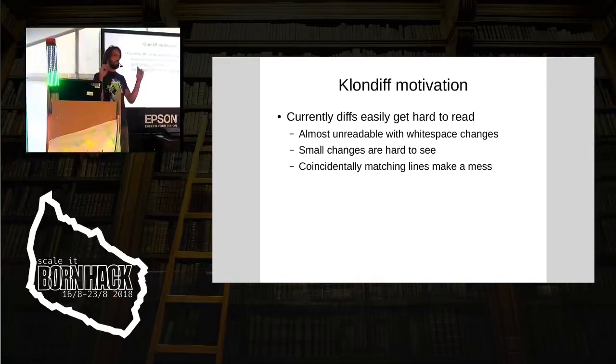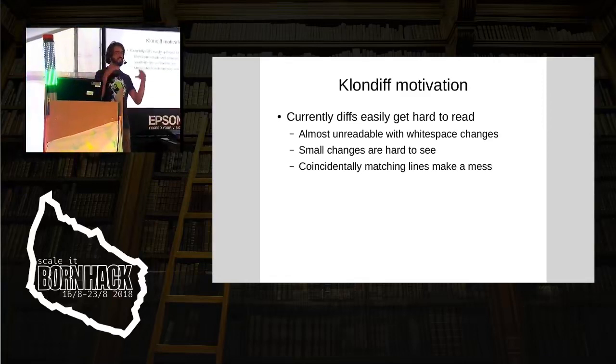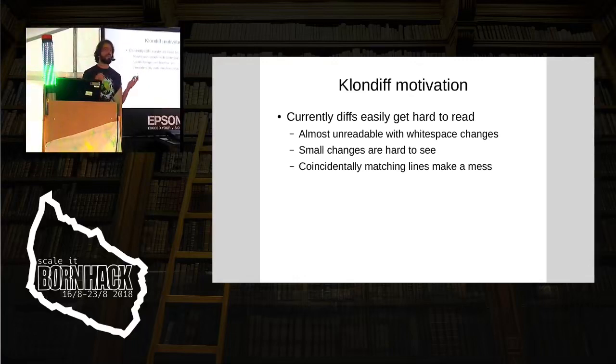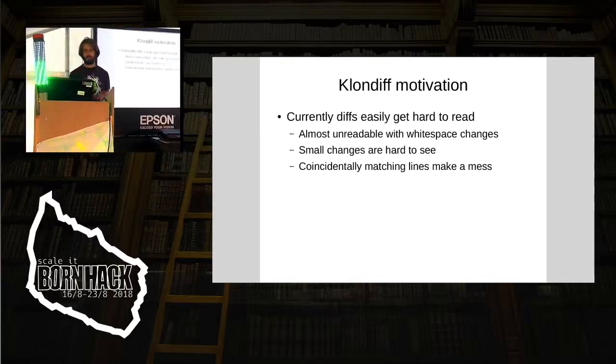Normally a diff lists only the different lines, and you don't see the small changes, especially if there's also a white space change and things move around. If you have lines with only a matching bracket or only else, those lines often match up with the wrong lines, because they occur quite often in a file.